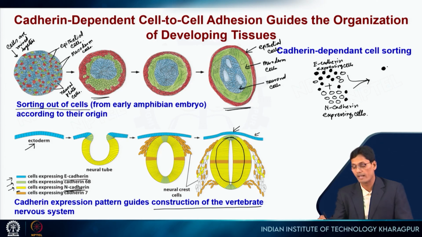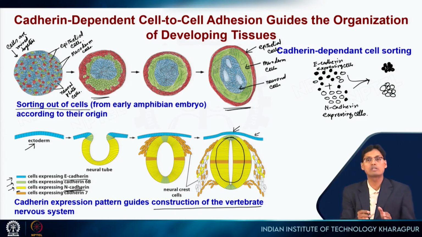Those E-cadherin expressing cells will form a cluster, and the N-cadherin expressing cells will be sorted out also. This is the basic logic of what I have just explained in these two different types of scenario, okay.